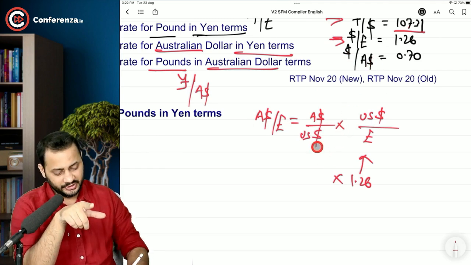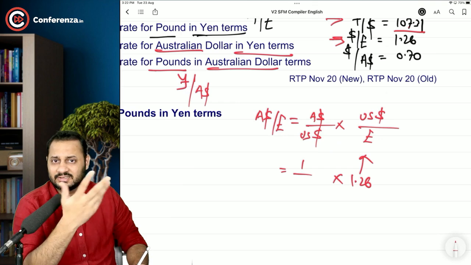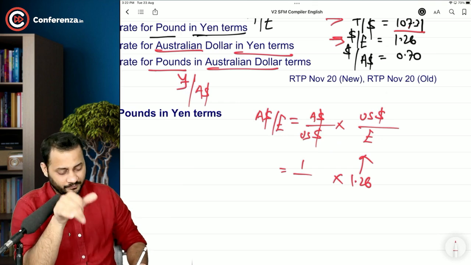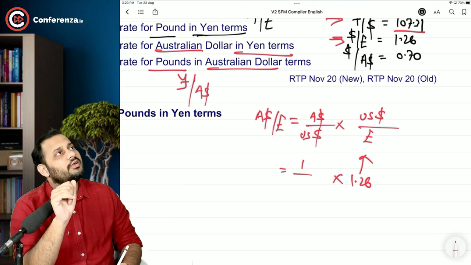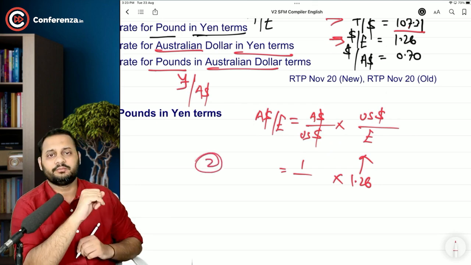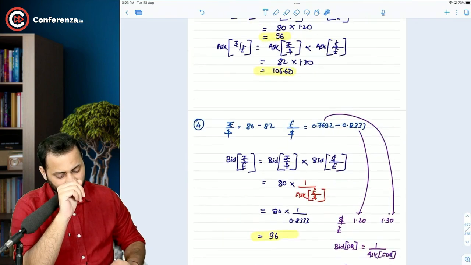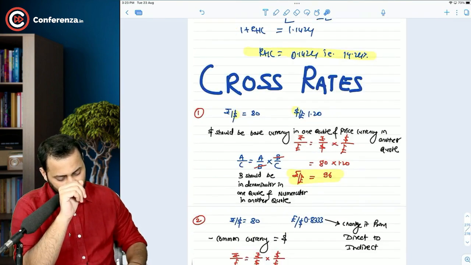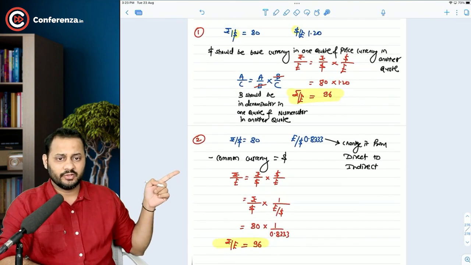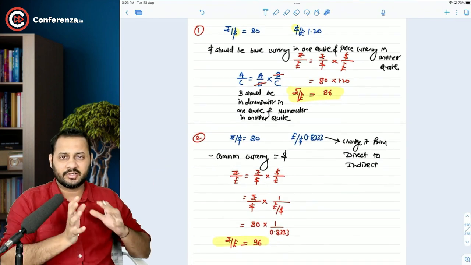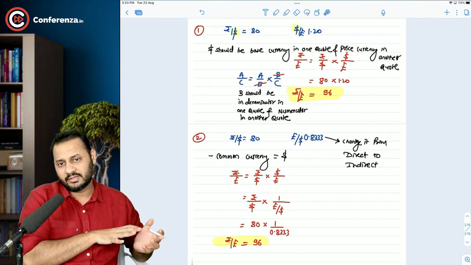So you need to change your requirement. What are you going to do? Since this is a one-way quote, this is the easiest one. This will be covered under the second part, I think. In the second part itself, because it was a one-way quote, we changed the direct rate to the indirect rate.